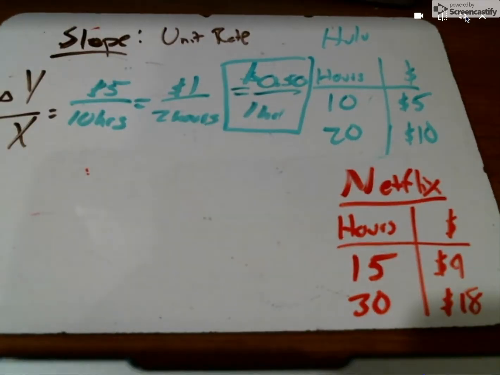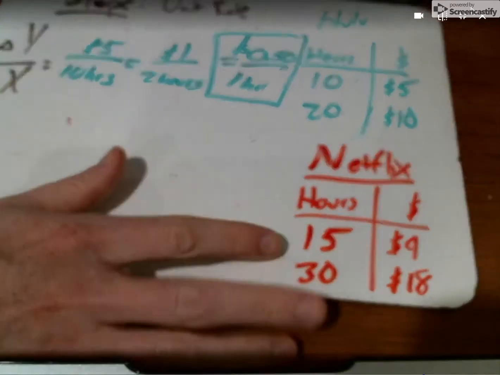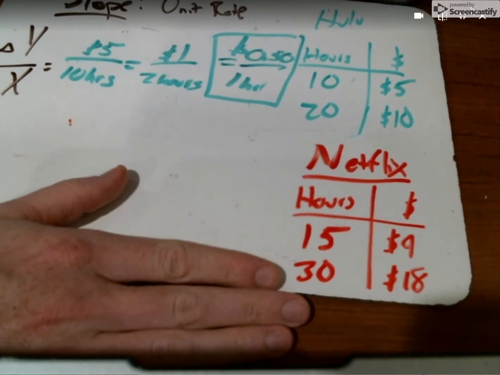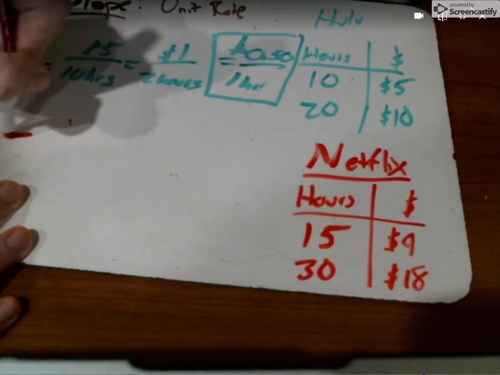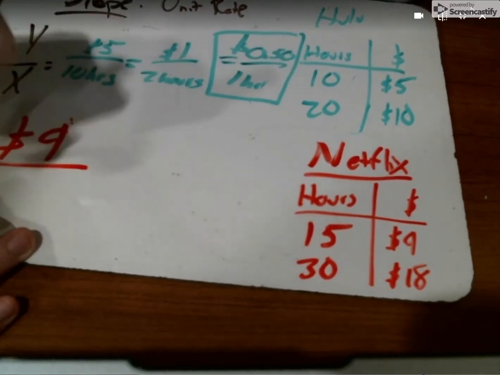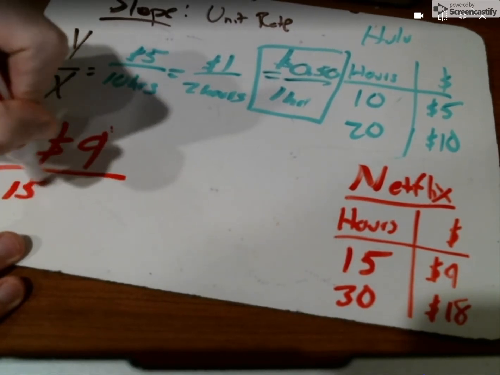To find Netflix's slope, again, we need to pick either data point. Any one data point will work since it's a proportional relationship. They'll all give us the same slope when we do Y divided by X. So I'm going to go ahead and use the $9 for every 15 hours data point.